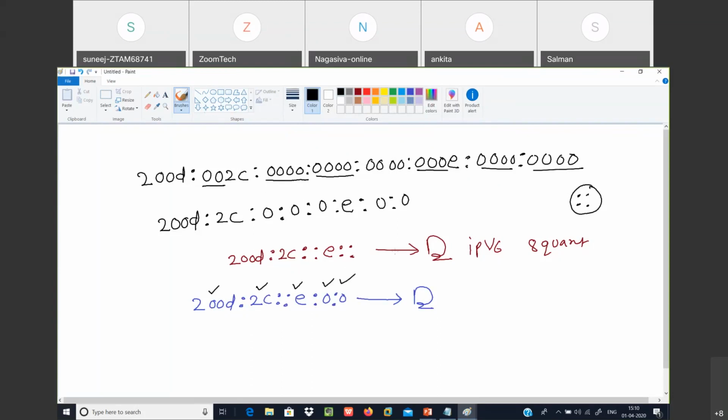Remaining, how many are missing, guys? 3 should be there. Then automatically my PC can understand where the double colon is. So there 3 fields of zeros are available. The device can understand automatically. Okay. So this is the logic of IPv6 addresses.